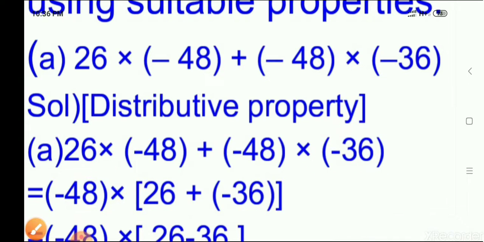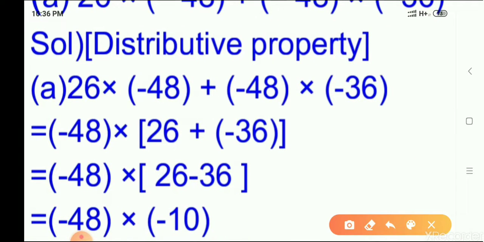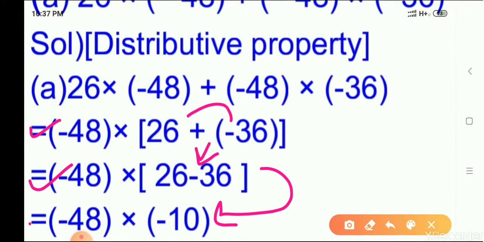Now when we operate this, we have plus and minus in multiplication, so it will be minus. 26 minus 36, and after operating 26 minus 36 we have minus 10. This will be in multiplication with minus 48.